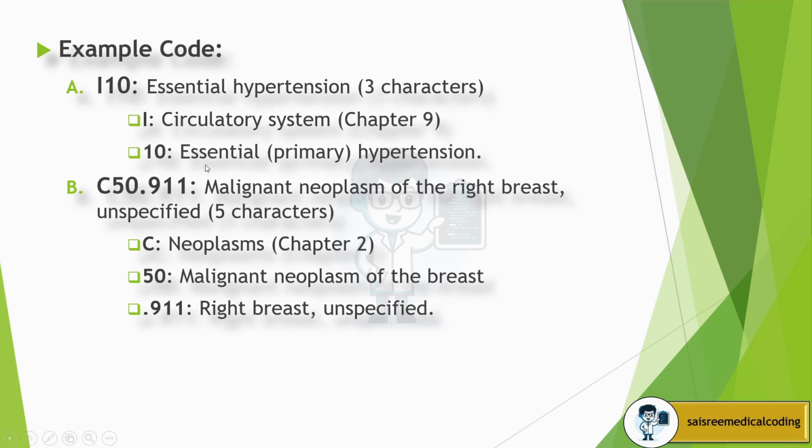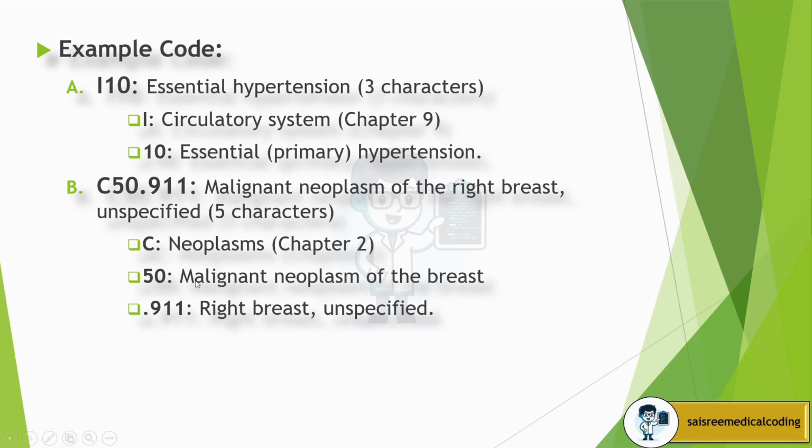Another example I took is malignant neoplasm of right breast, unspecified. Total 6 characters we are having here, you can count. C50.911. C indicates neoplasms, and that comes in chapter 2. And 50 indicates malignant neoplasm of the breast.